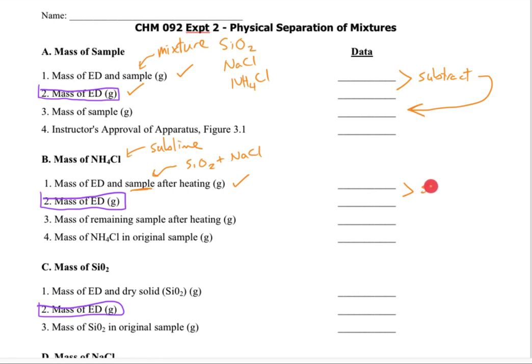If I subtract these two, then the mass that I get there is the mass of this sample, the sand, and the sodium chloride.